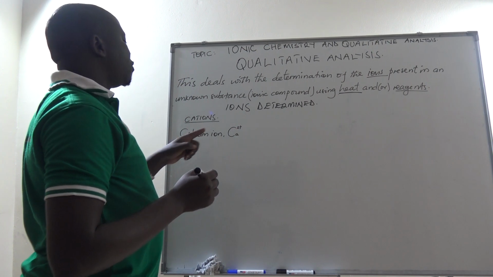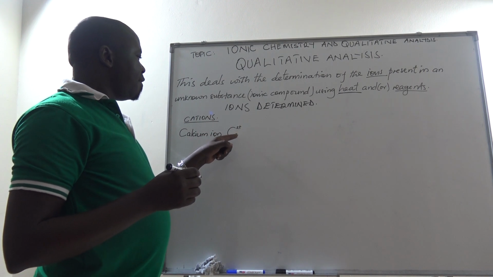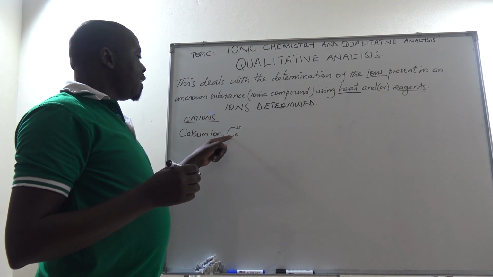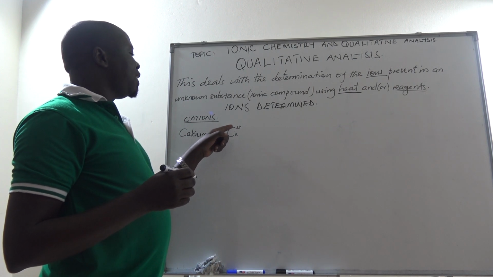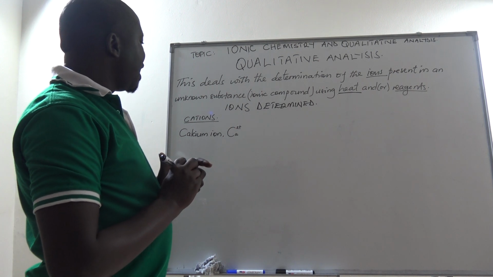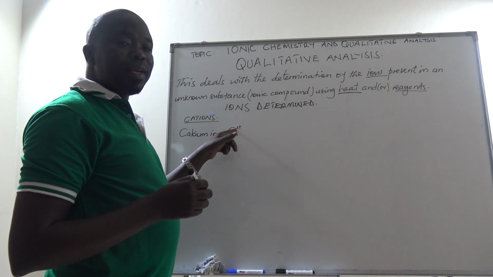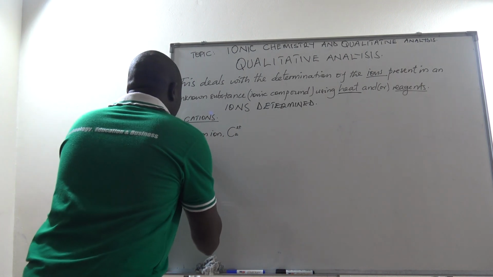Look at how to write the formula of the ion very well. Firstly, the chemical symbol of the element should be very correct. The capital letter should be distinct, and the small letter should also be distinct. And the number of positive charges, well written, should also be there. So we have the calcium ion.